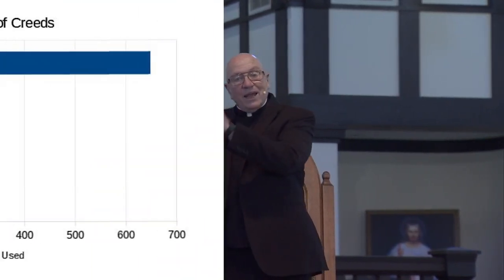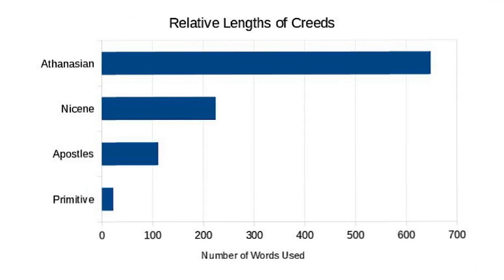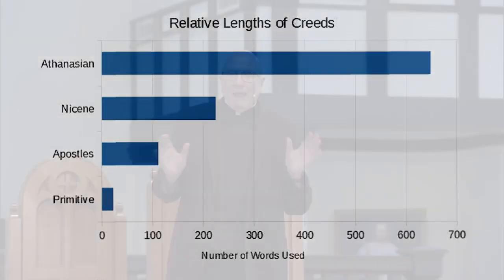And then you had the Athanasian Creed, which was even longer than that. In fact, on the diagram, you'll see here that the primitive was much shorter than the Apostles', and the Apostles' was shorter than the Nicene Creed, and the Nicene Creed was still much shorter than the Athanasian Creed. Why did it change? What happened?